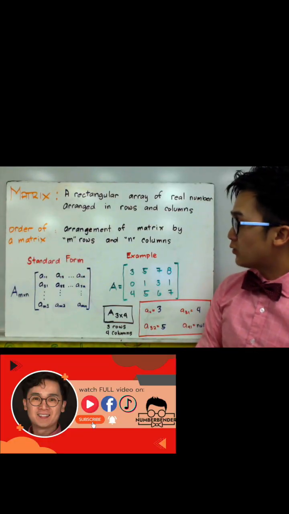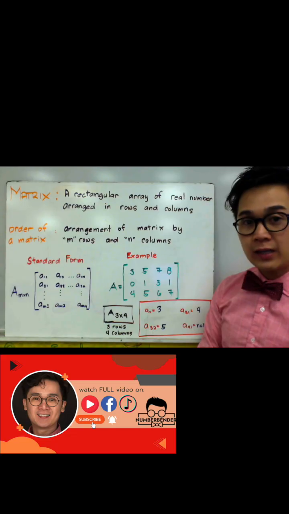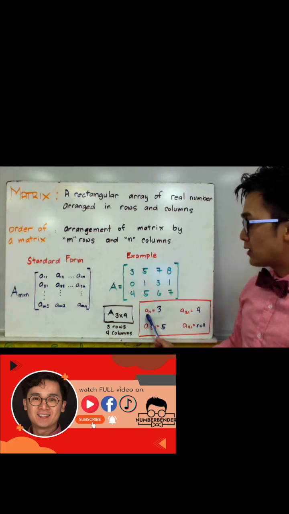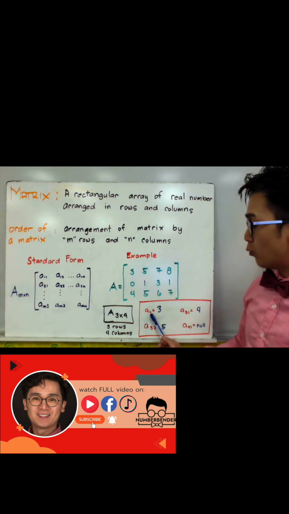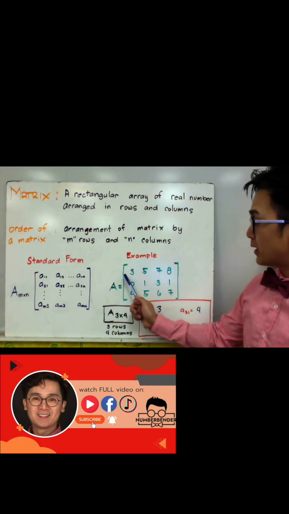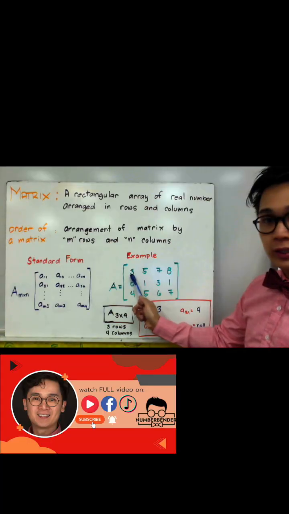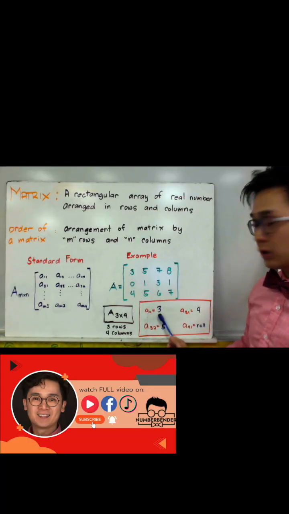Now, if we are going to find a specific entry in this 3 by 4 matrix, for example the entry A11, it means row 1, column 1, which gives us 3. So A11 is equal to 3.